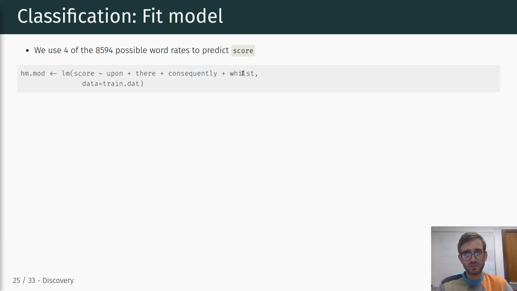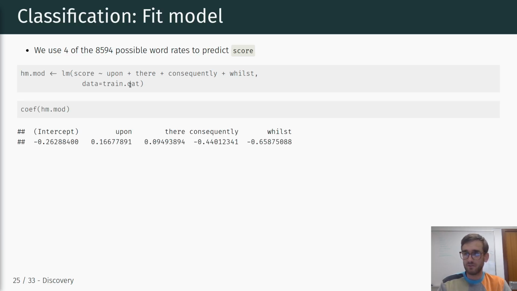These are terms that identify habitual word usage, that are not necessarily required to convey specific content, but are more idiosyncratic parts of writing or speaking habits, right? So that's the goal that we want to focus on, and we will examine whether those will help us to identify authorship. And we do this using the train.dat subset of our data frame, right?